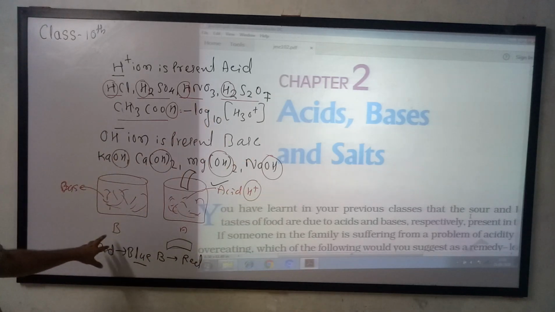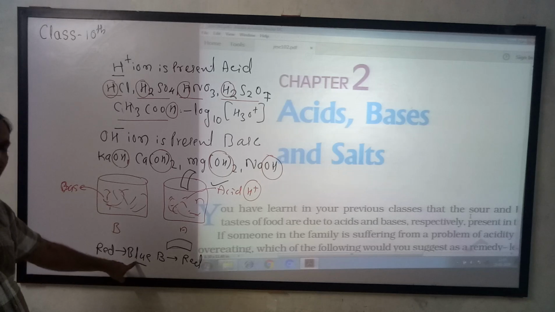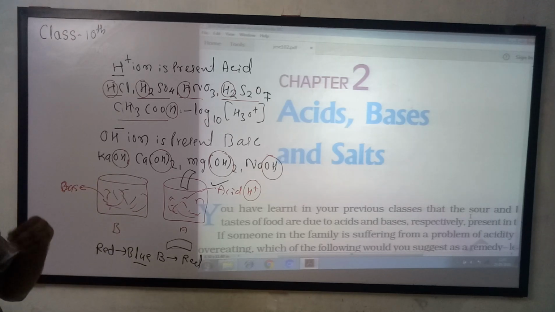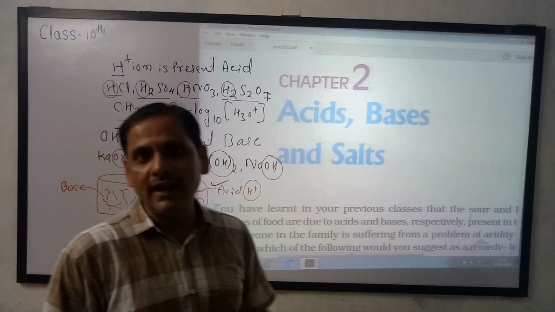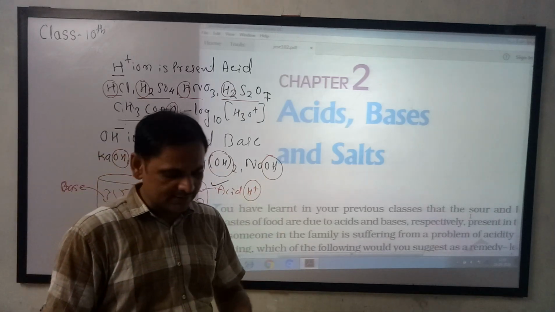In the other beaker, beaker B, the red litmus paper changes to blue, so this solution is called a base. In the base substance, OH minus ion is present, right? So what is an indicator? It checks whether a substance is acidic or basic. Okay.